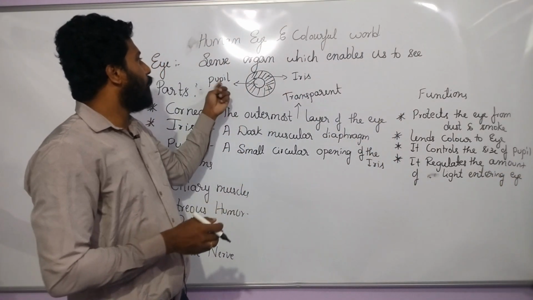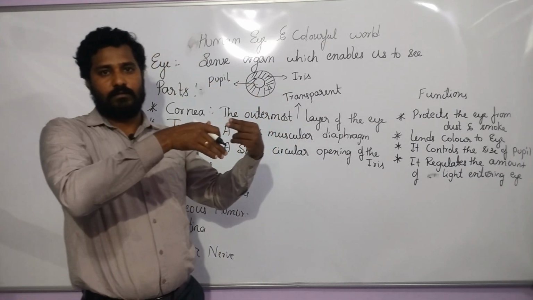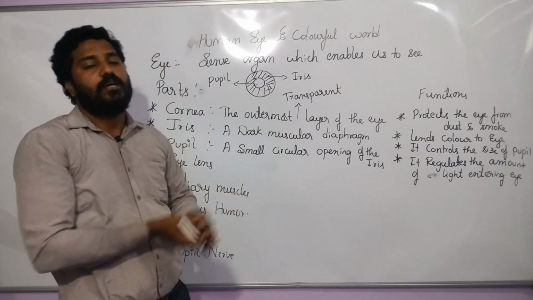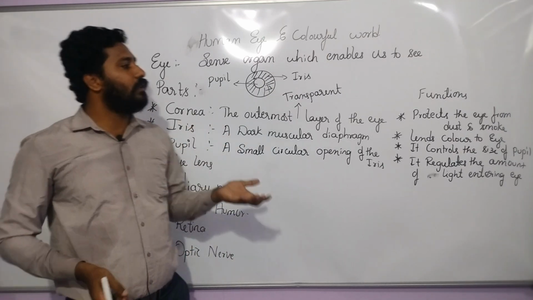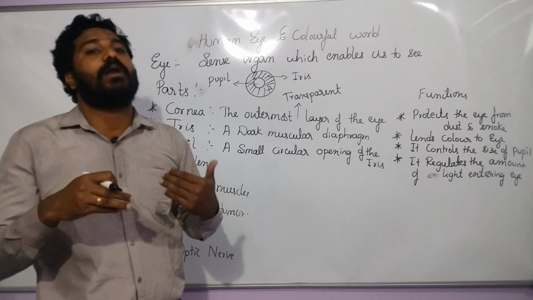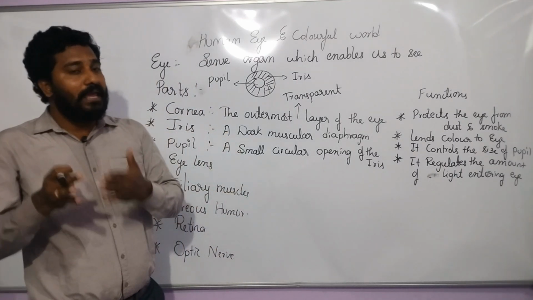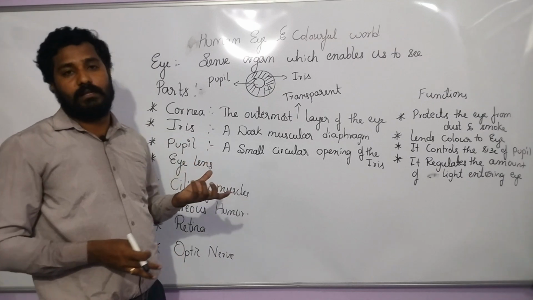So who regulates? The pupil regulates. Who controls the pupil? The iris controls. So how much light has to enter our eye is being controlled by the pupil.